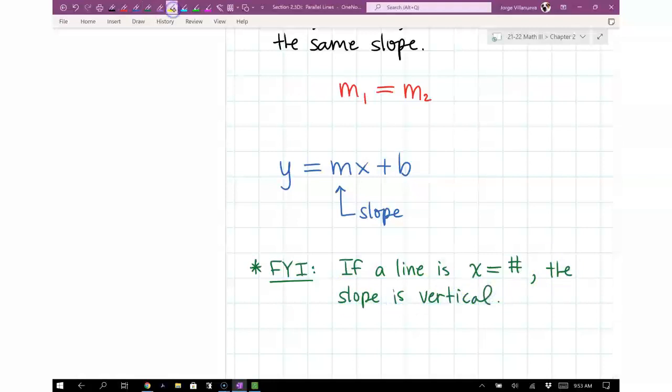So if it says x equal to a number, then the slope is vertical.